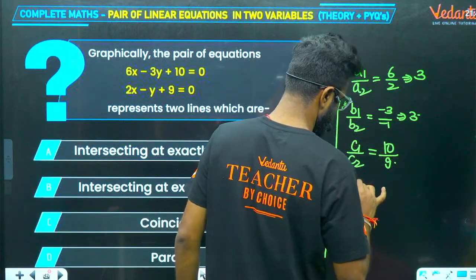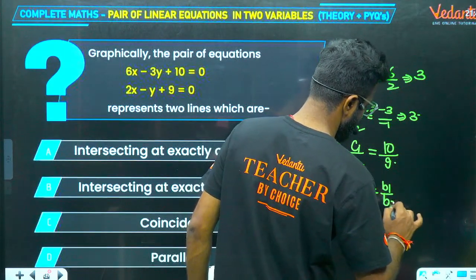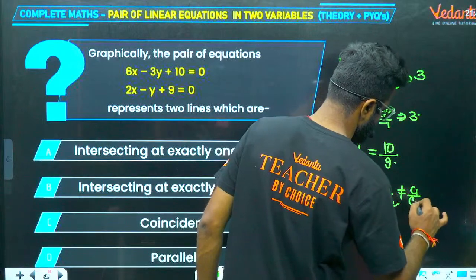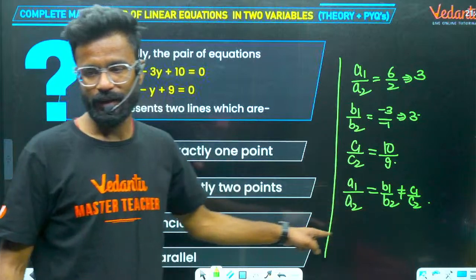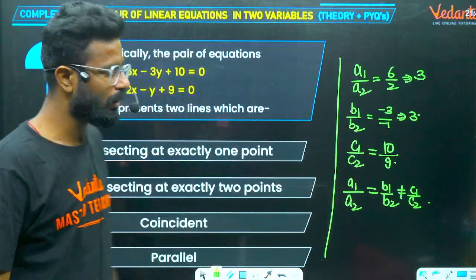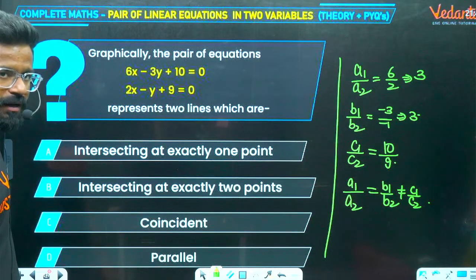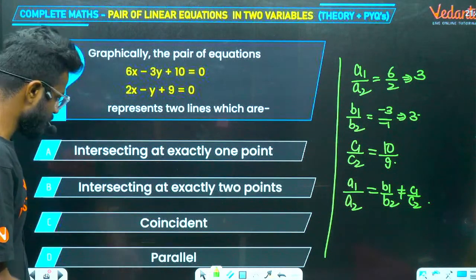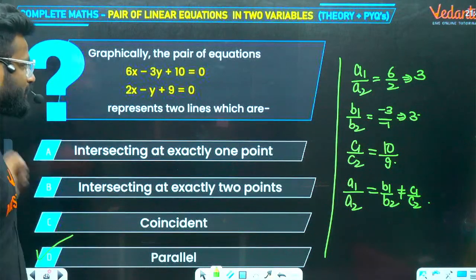So here A1 upon A2 is equal to B1 upon B2, but it's not equal to C1 upon C2. This condition is for parallel lines. Option D is correct.